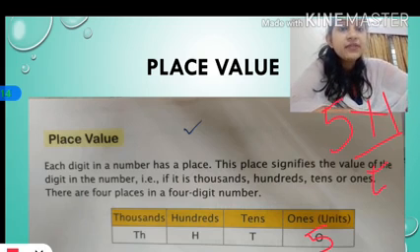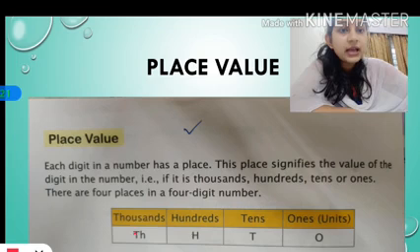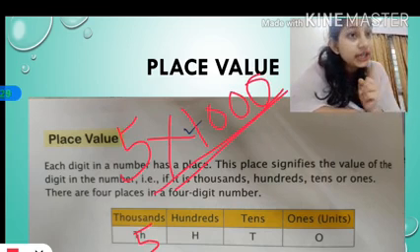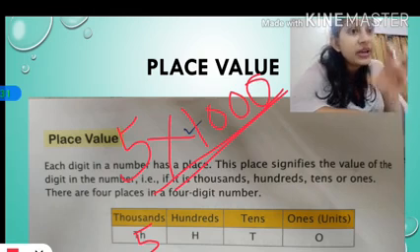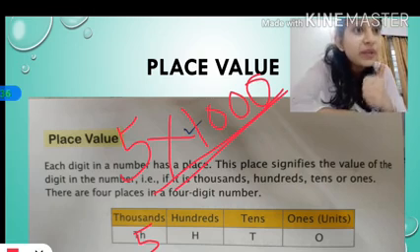And if that number 5 is sitting in the 1000 place, it will be 5 into 1000. See, the value of the number changes according to the place where it is sitting. So the importance is of place.